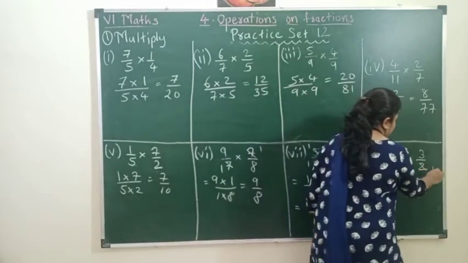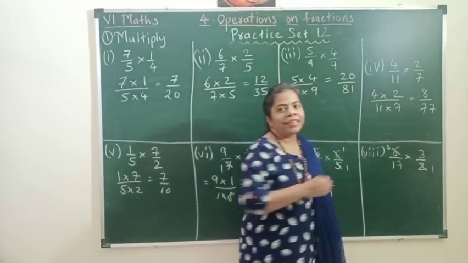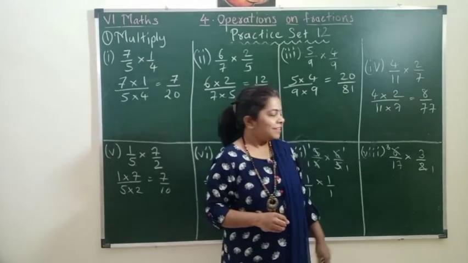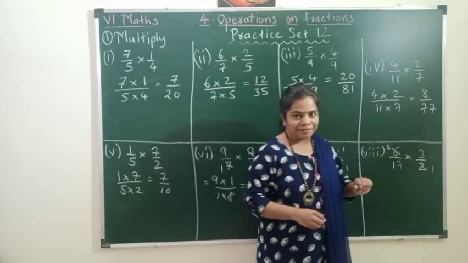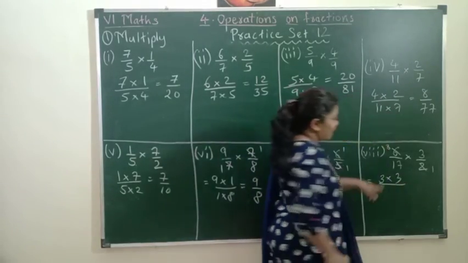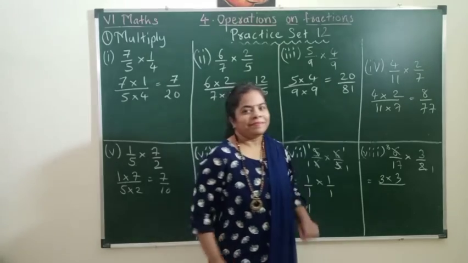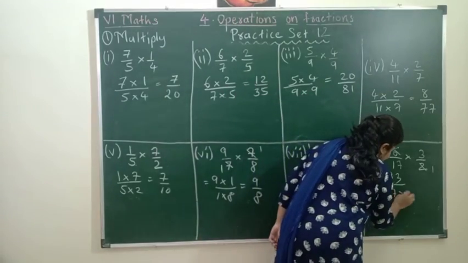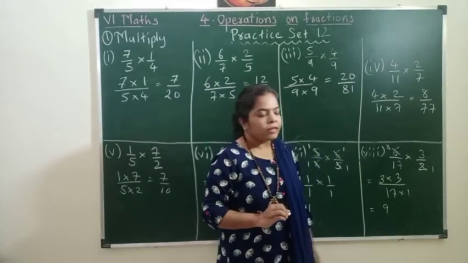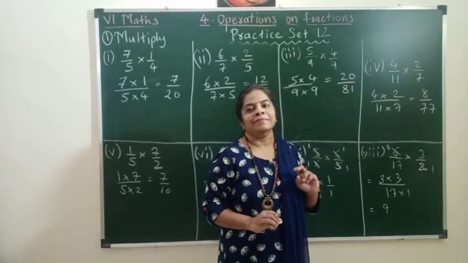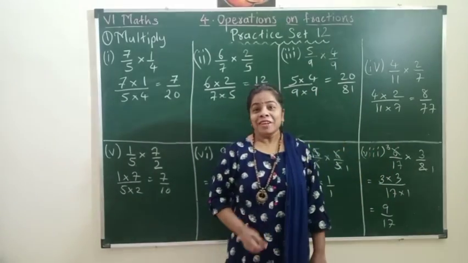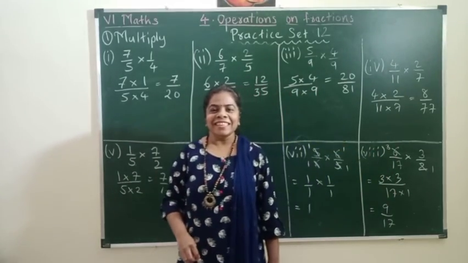Now I will write my answer. 3 into 3, 17 into 1. So 3 3s are 9, children, and 17 into 1 is 17. Over. Wasn't it easy, children?